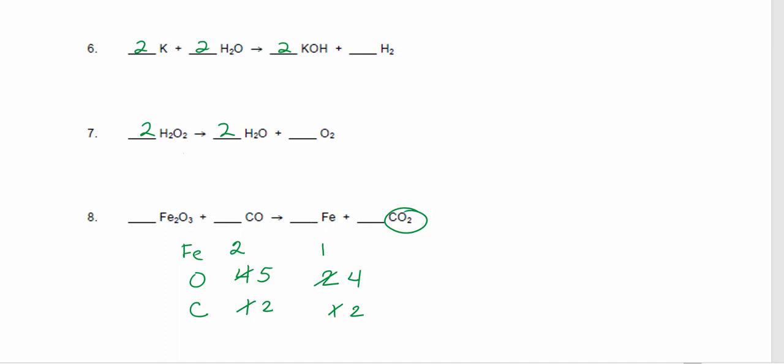Well, what if I aim for 6 oxygen atoms? If I aim for 6 oxygen atoms, that means I put a 3 here. That means I have 3 carbon atoms. So I need a 3 here as well. Now I have 6 oxygen atoms on the reactant side. Now balancing iron is very easy.